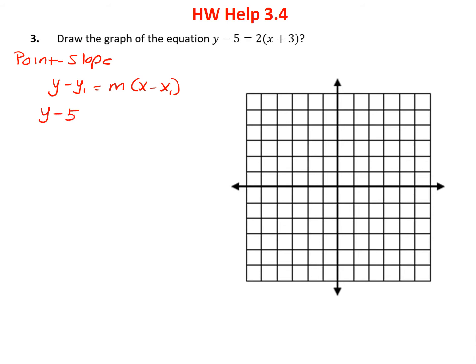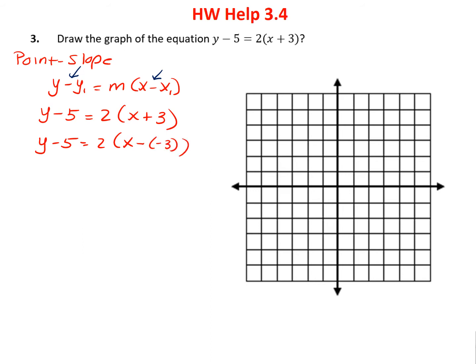So now let's compare our equation. y minus 5 equals 2 times x plus 3. Now one last thing, notice that in this case both of these were subtraction. So to make this the same, I'm going to change each of these to subtraction. This one's fine, but here x plus 3, to change that to subtraction, is x minus minus 3.